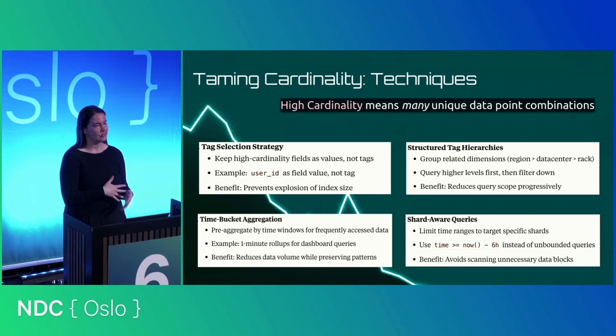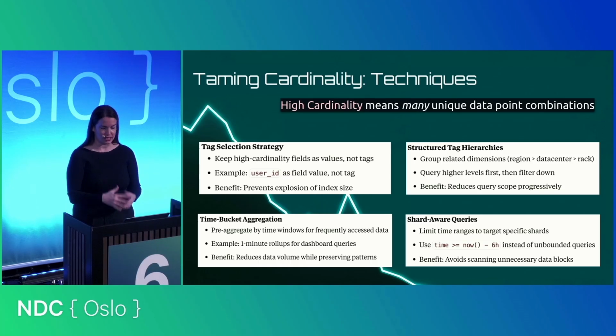Use something like time greater than now minus an interval, instead of unbounded queries, to avoid scanning unnecessary data blocks. At first you might do this and wonder what is going on, but these are specific techniques that I've used to help bring all of that down and bring the noise down. These techniques directly address our first takeaway of how to handle high cardinality and ensure that your time series database remains performant.